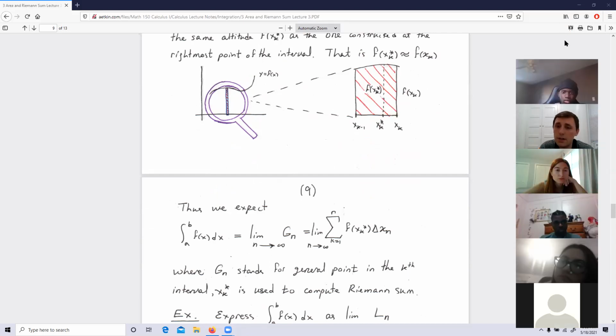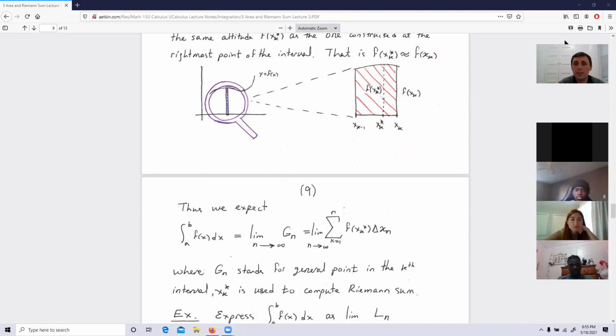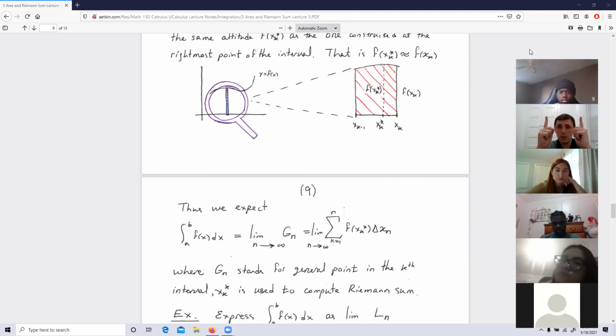You agree that there's very little difference between any of the lengths within this interval if it's sufficiently small. Here I exaggerated and created some difference that you can see. But because the function is continuous, the altitudes are getting the same everywhere. So for very, very small intervals, it would always look like a perfect rectangle.